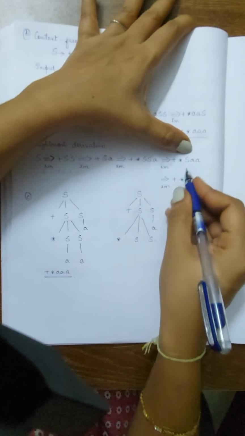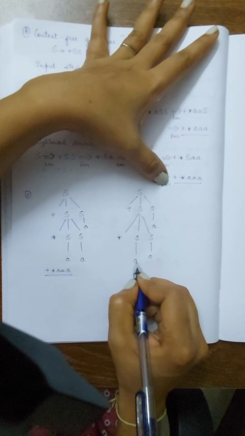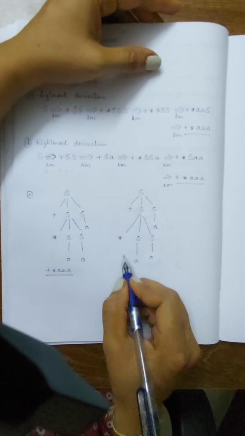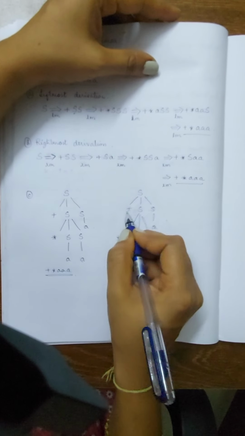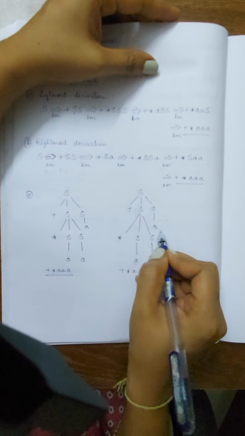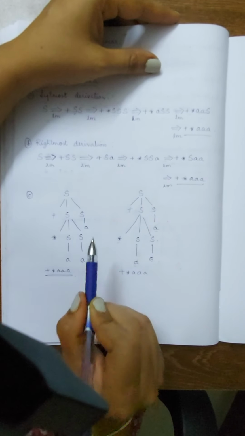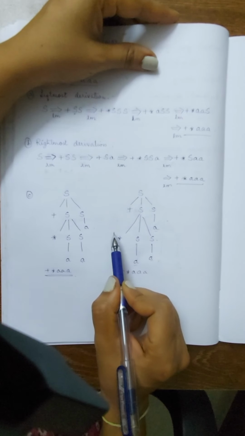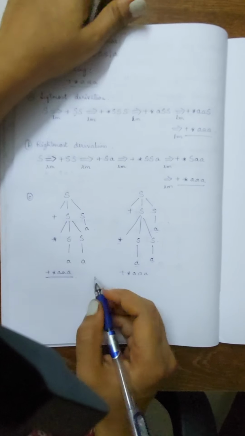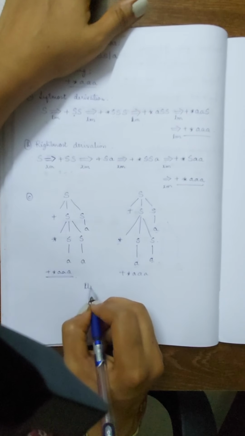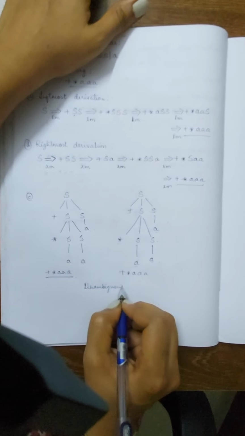And this in turn is replaced by A. Next this S is replaced by A. So if you observe, we have got this input string, plus star A A A. So see over here, only one type of parse tree can be constructed for this grammar. There is no change over here. That is the reason why this grammar is unambiguous, because it produces only one parse tree.